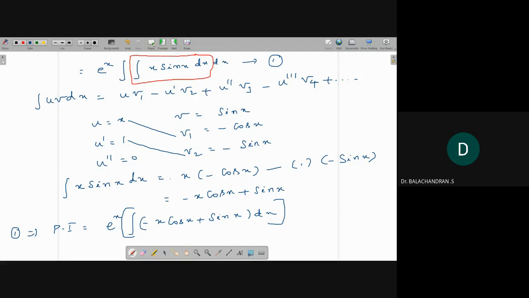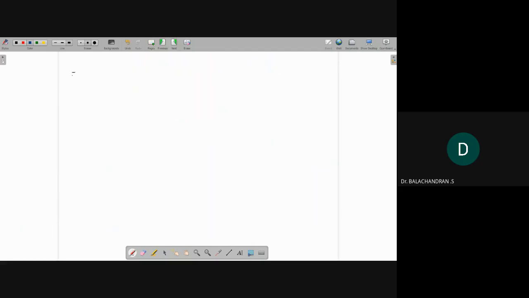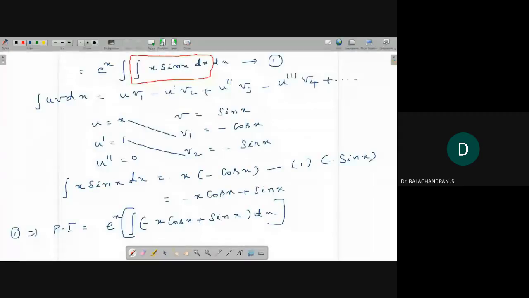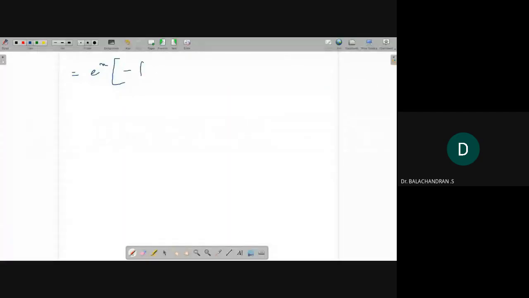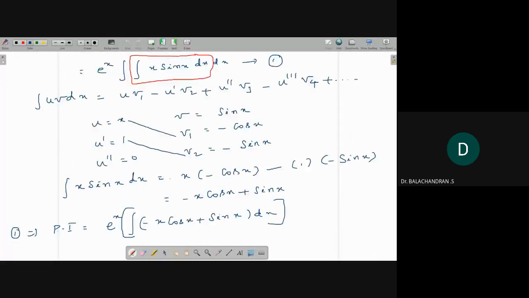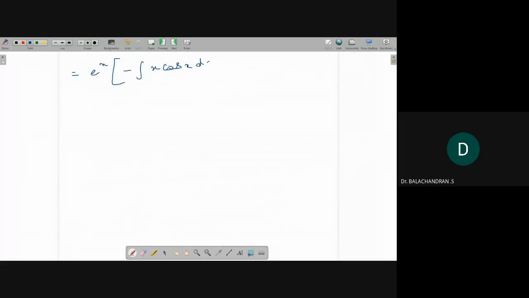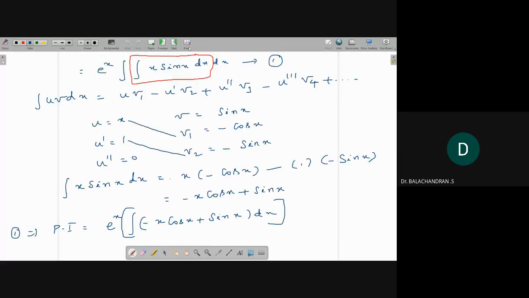Okay. Now I will write next page, which is equal to e power x into integration minus integral x into cos x dx and then plus integral sin x dx.